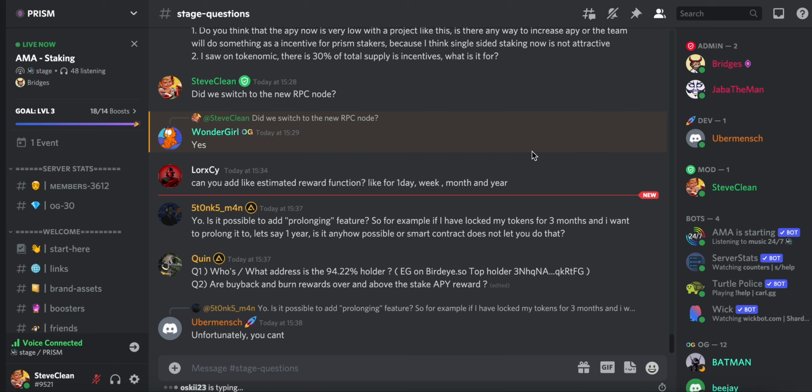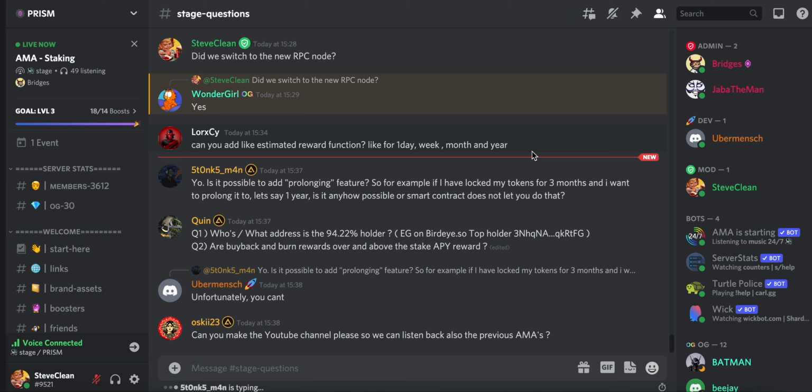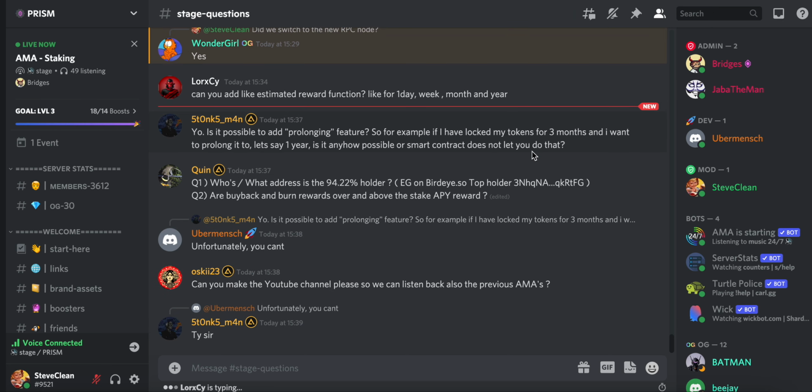Lorxy asks, can you add an estimated reward function, like for 1 day, 1 week, month, and year? Do you mean after you stake, or before you stake, when you enter the amount, to show you how much estimated rewards you can get in terms of Prism, not in terms of APY? If you mean in terms of Prism, yeah, we can show that.